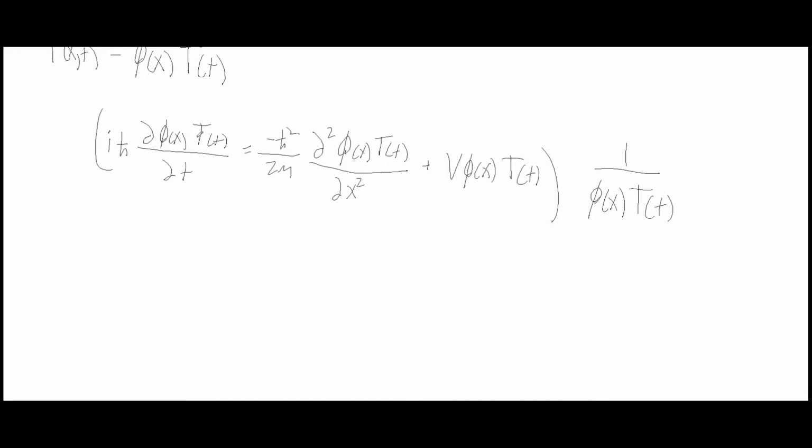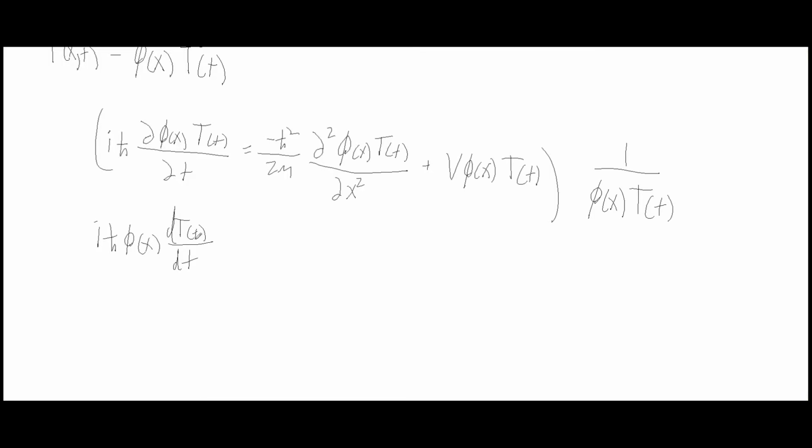Usually you pull out the things that are not changing with respect to this variable. So we pull out phi as a function of x, and then we just have t as a function of time, and this changes it to a full differential, d t as a function of t over dt, because now we're only looking at a single variable.